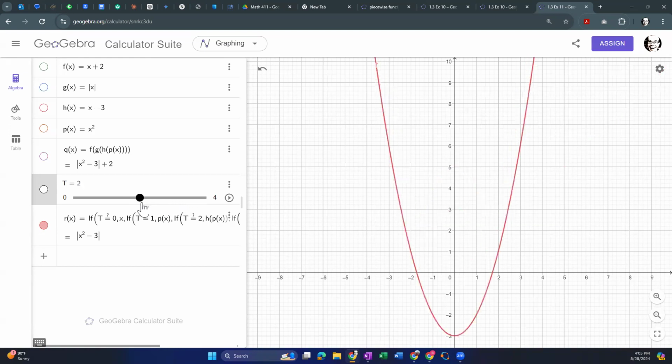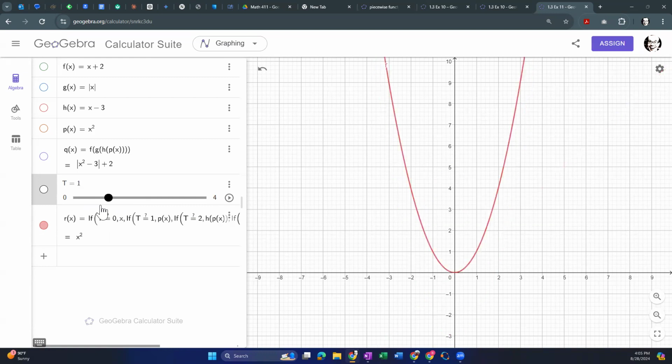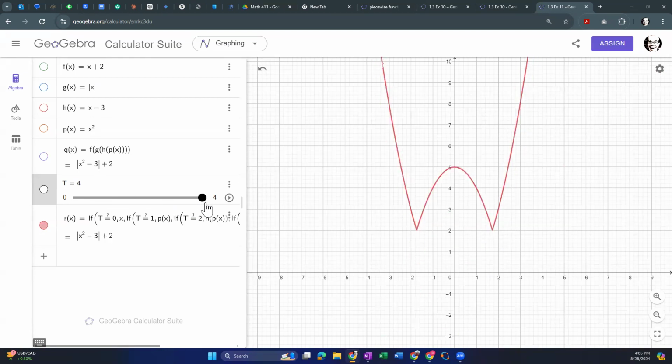Wow, I am a big old nerd for making that happen. But really, that's just applying things in the inside to outside order. X squared first, minus 3, absolute value, plus 2. So that's what gets us this function in the end. Cool.